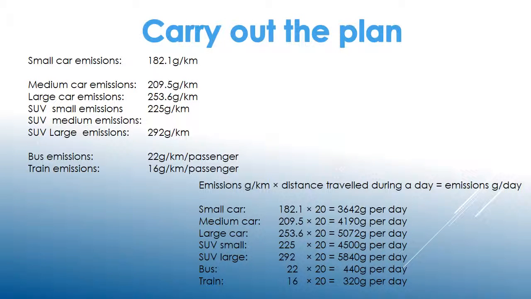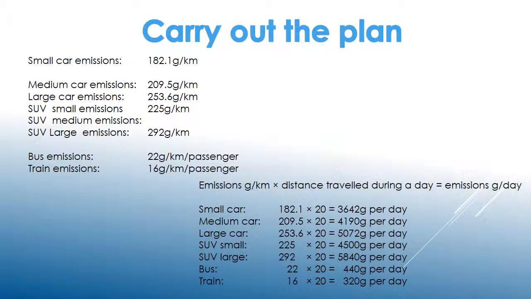Now, emissions per week. As you can see from the table, a bus emits 22 grams per kilometre compared to a medium-sized car of 209.5 grams. Now if we work out this difference, we get 187.5 grams. So if we were to catch a bus every day, our environment will be so much better off than if we were to drive.